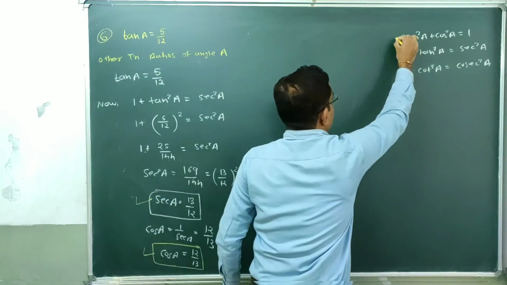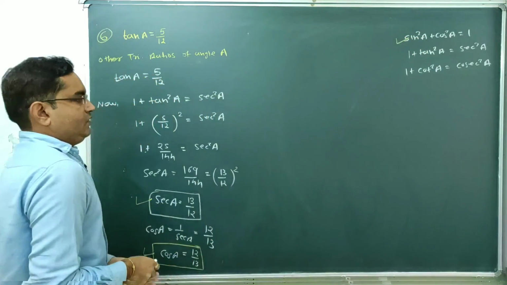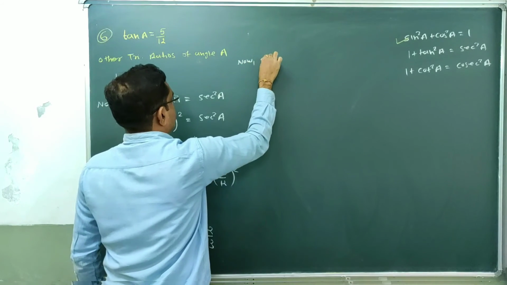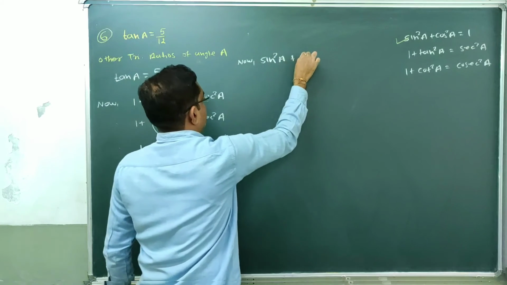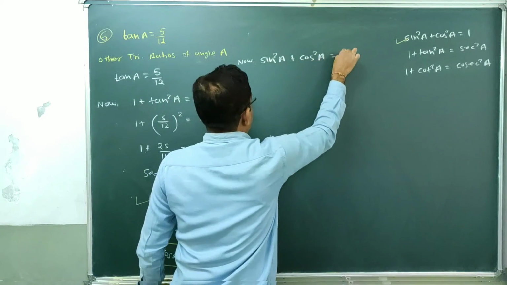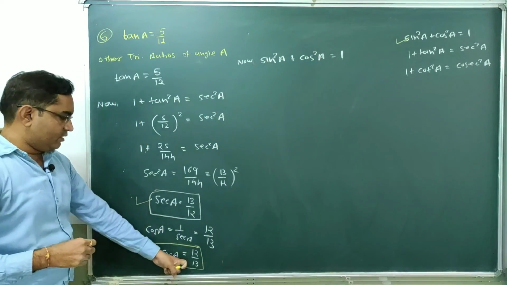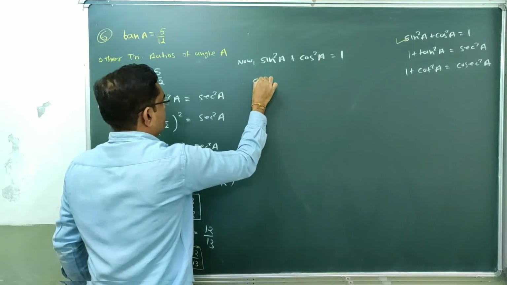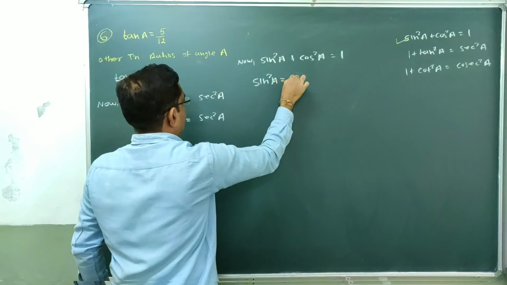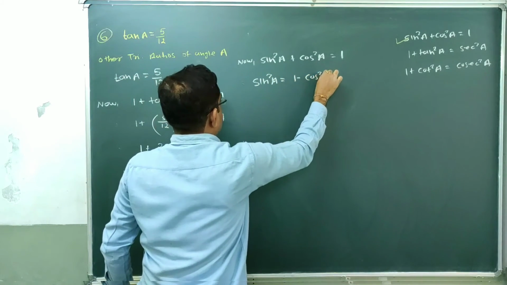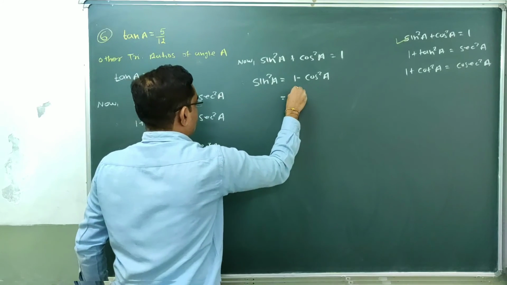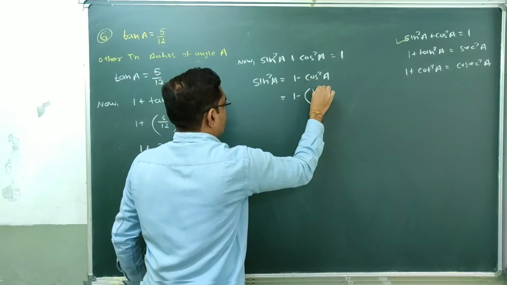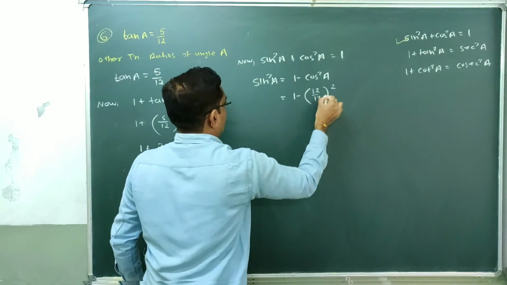So can we find sin by using this identity? Yes. So now using the first identity, sin square A plus cos square A equal to 1. Cos A is 12 by 13. Put it over here. We get the value of sin square A. So the value of sin square A is nothing but 1 minus cos square A. This is equal to 1 minus (12 by 13) whole square.